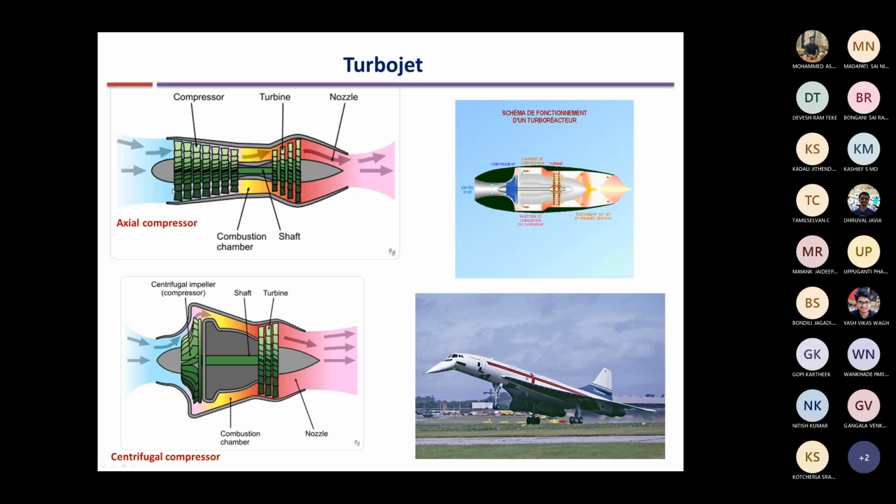So for the same overall increase in pressure, you will need fewer stages of centrifugal compressor. So say in one stage there is around 4 times pressure increase, whereas in one stage of axial compressor there is only 1.5 times pressure increase. So as a result, you need much fewer stages if you are using centrifugal compressor. Why can you get more pressure increase in the centrifugal compressor?